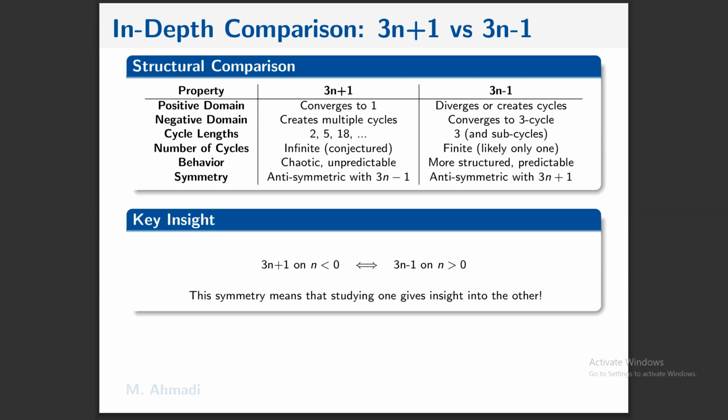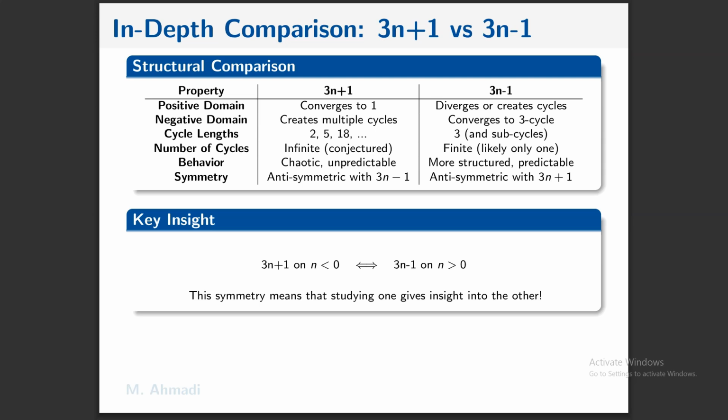The behavior in 3n plus 1 is chaotic and unpredictable for the generated sequences, but 3n minus 1 is more structured and predictable. The symmetry: 3n plus 1 is antisymmetric with 3n minus 1, and 3n minus 1 is antisymmetric with 3n plus 1.